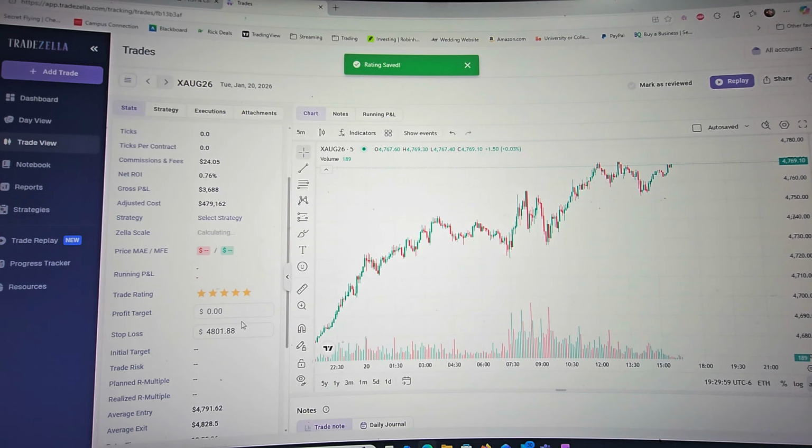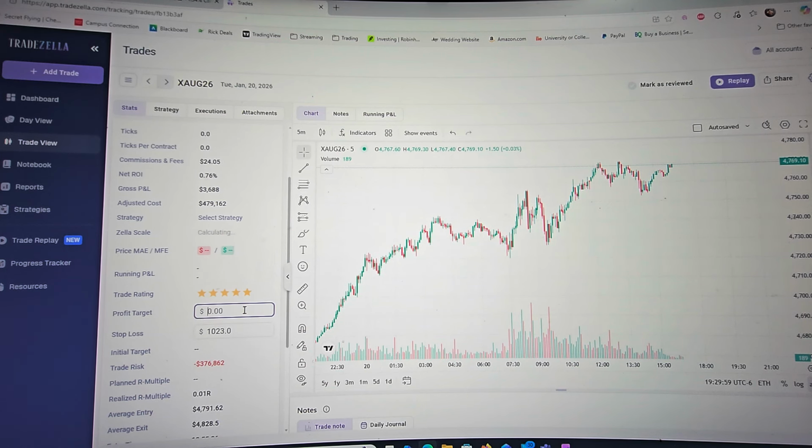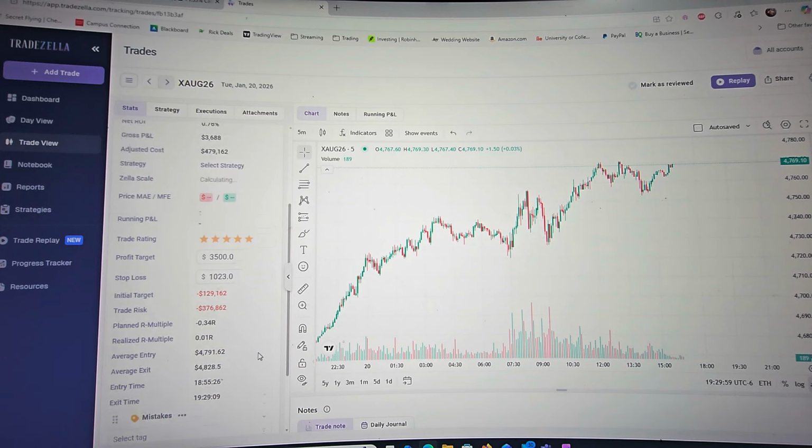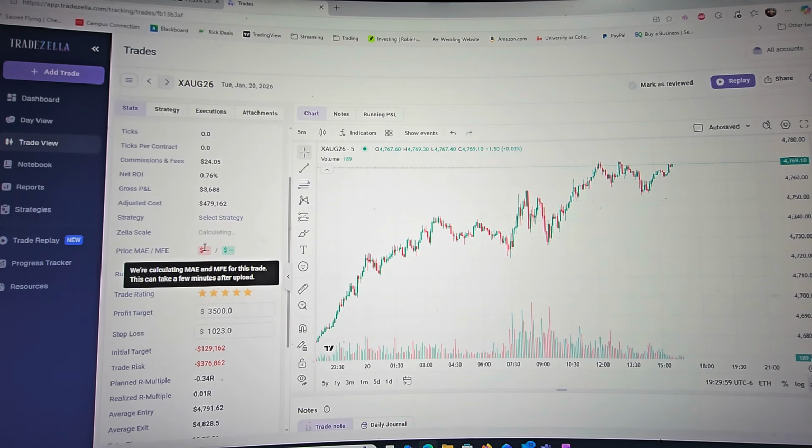Our stop loss was 1,000 and profit target was 3,500, which we did hit. So it's still uploading.